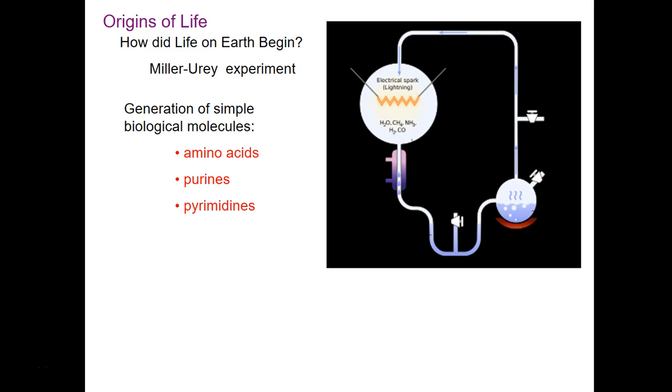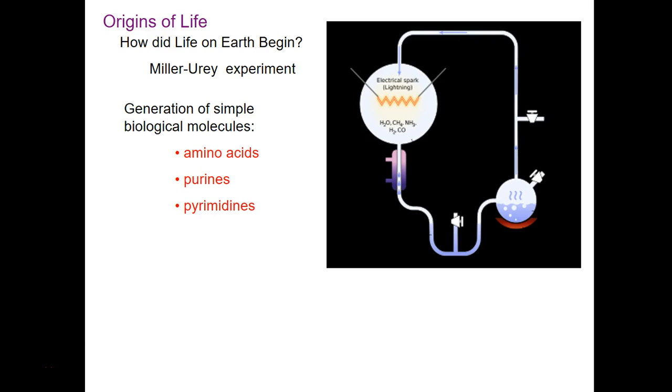So they had a really neat little experimental setup where what they basically did was they had all of the gases in a chamber that had electrical sparks. They then ran that through a closed circuit that had some water that was heated. So you've got heat, water, and electricity.